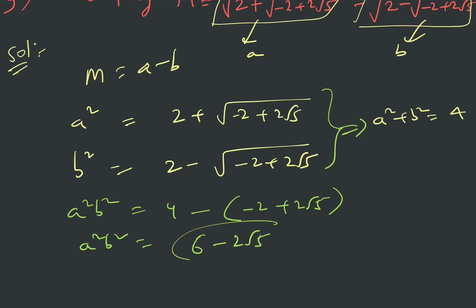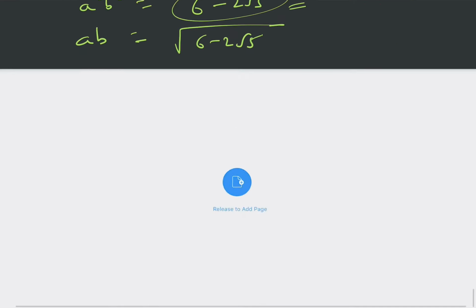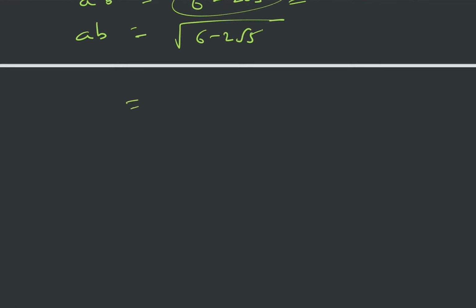Now 6 minus 2 root 5, I think I can further express it as a perfect square, because AB is square root of 6 minus 2 root 5, right? So this I can write as square root of, this is 2 into root 5 into root 1 and this is root 5 whole square plus root 1 whole square.